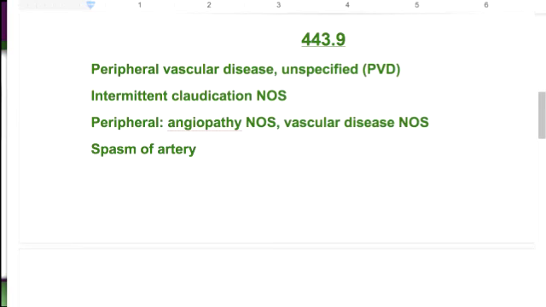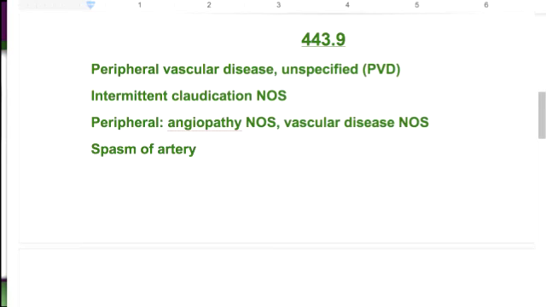So as far as HCC coding, if I have a patient that has 443.9 and they're on a medication for that, or the doctor checks the peripheral pulses, or, you know how you see them pinch their fingers and their nail bed to see how long it takes for the color to come back, stuff like that.